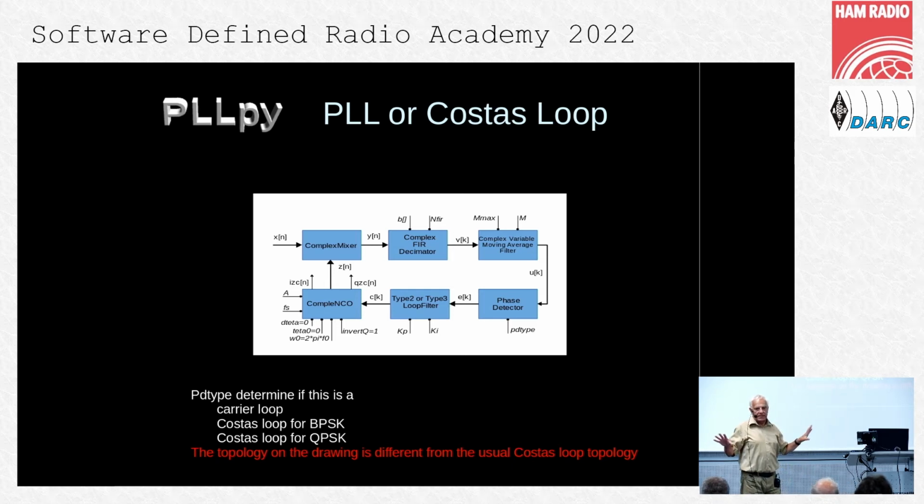All the other things are the same, okay? And that's why the loop topology is very different from the usually used Costas loop topology. But actually the working principle, mathematically, the working of this loop is the same as the Costas loop.